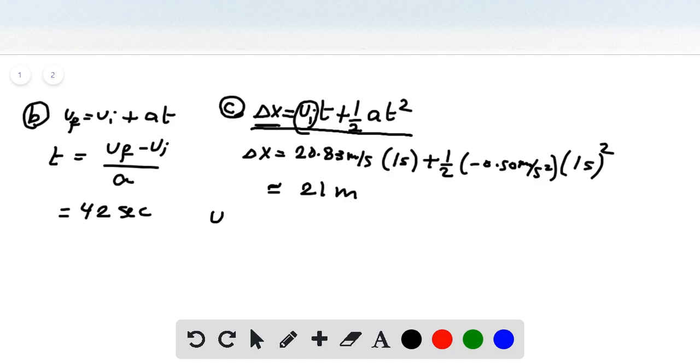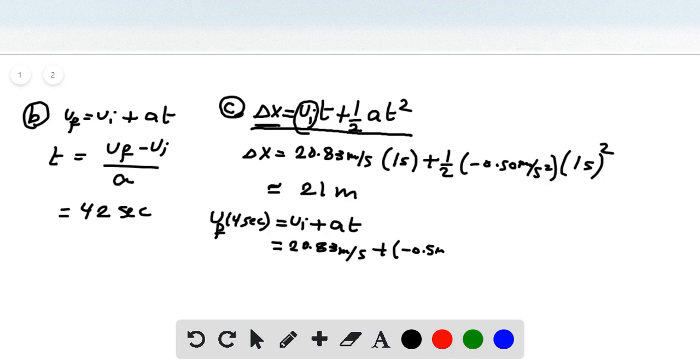So v at the fourth second is going to be v final equal to v initial plus at. And v initial, remember, is 20.83 meters per second, and it was slowing down at the rate of minus 0.5 meters per second squared, multiplied by the time it took, which is 4 seconds.